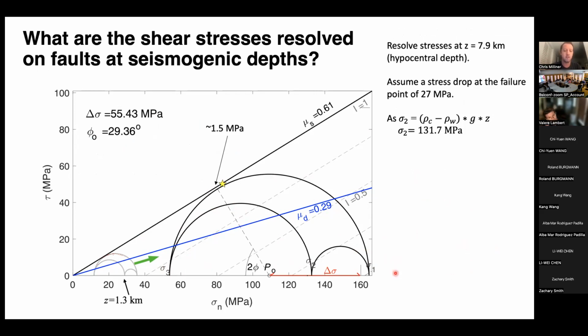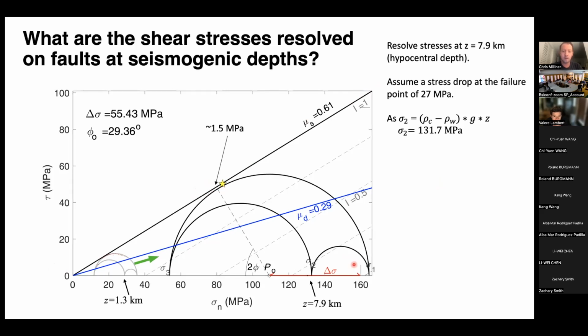That might not be true, but for now this is something we're making. And it actually agrees pretty well with that static friction line. If we extrapolate that up to here, it's very close to the failure friction line. It's off by about 1 or 2 megapascals.